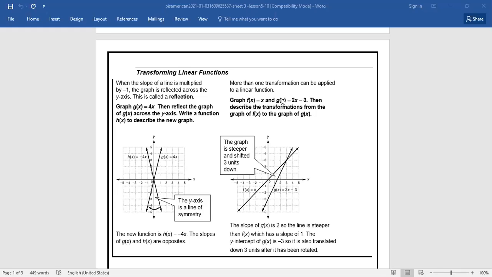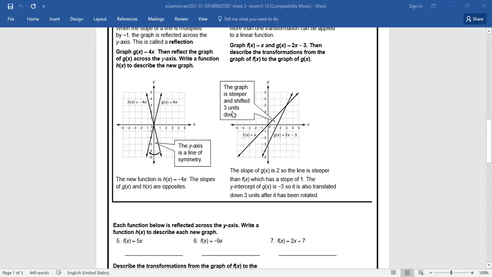Okay, so it's a rotation and also translated 3 units after it has been rotated. So first, as I said again, the line rotated and becomes steeper and then shifted down 3 units. Then sometimes we have more than one transformation in the same question. Understood, grade 9? Yes.